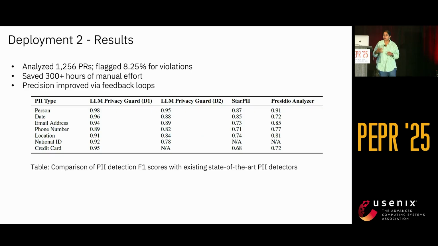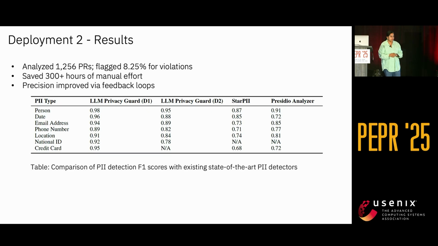This was in a repository where we looked at quite a few pull requests, around 1256 pull requests. We evaluated the performance for different PII types individually with Presidio, and this diagram doesn't show it, but also with AWS Comprehend. And we did quite a bit better in some of the PII types. In some of the PII types, we did marginally better or not so good.